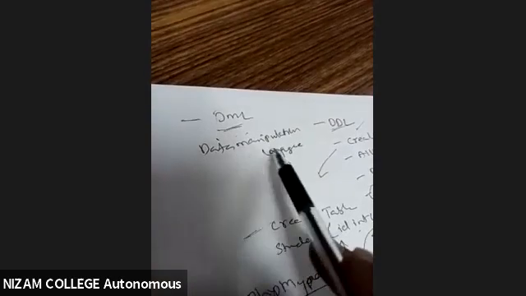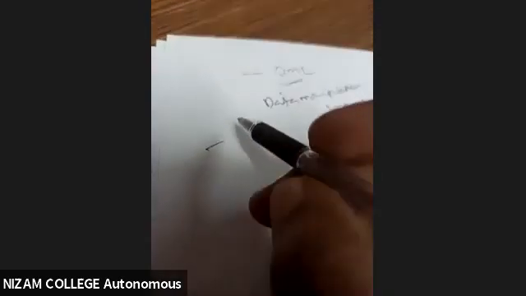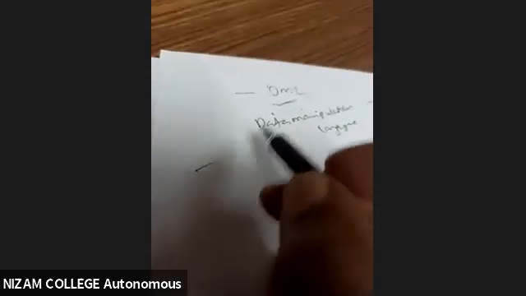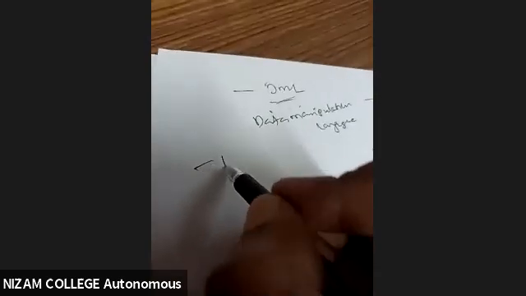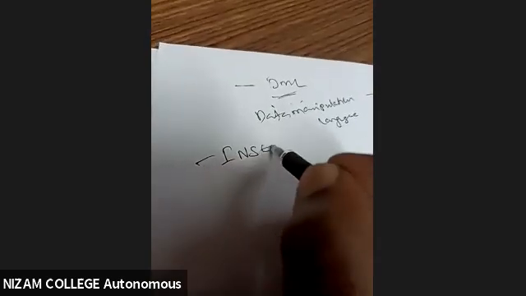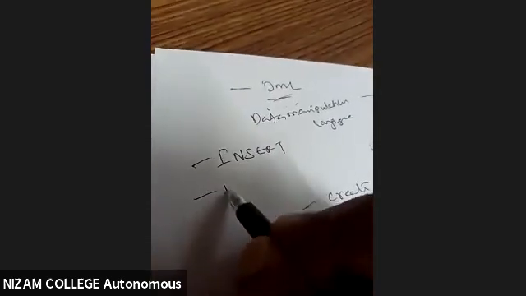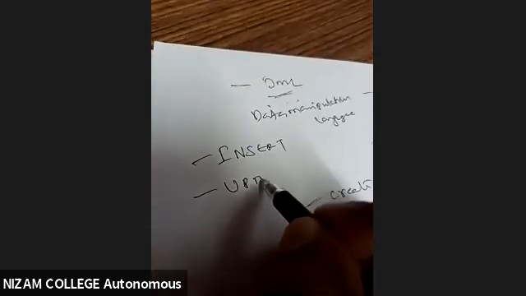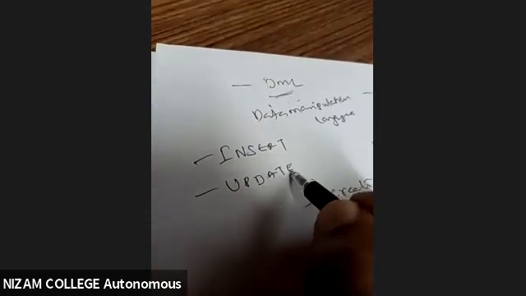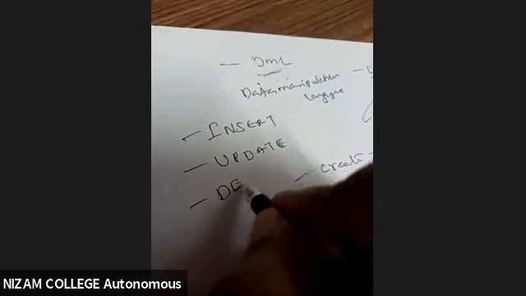I'm trying to manipulate the particular structure with some commands. So what are the DML commands we have? That is insert, then update, then delete.